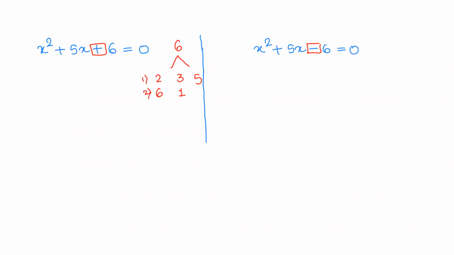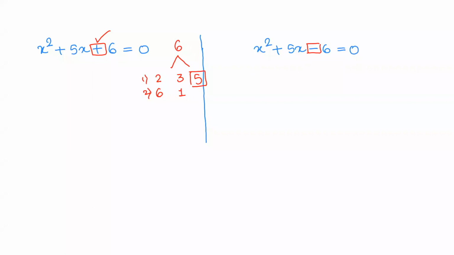So which of these factors do we pick? See, both the factors are capable of giving us 5 as the middle term. So which factor to pick is decided by the sign of the constant. Now the sign of the constant is plus. So tell me, which factors can we add to get 5?